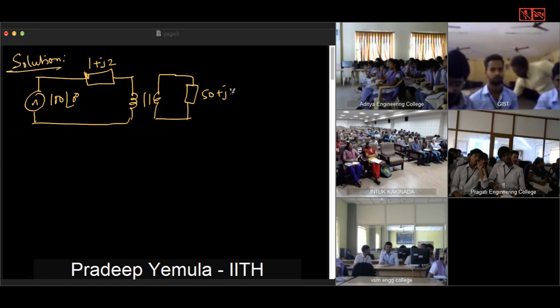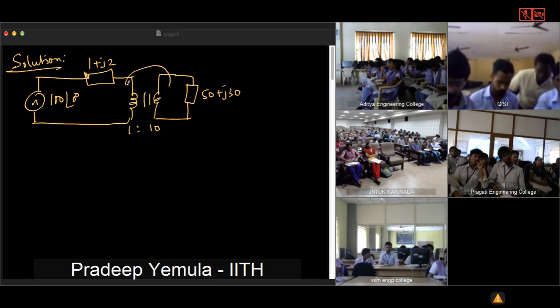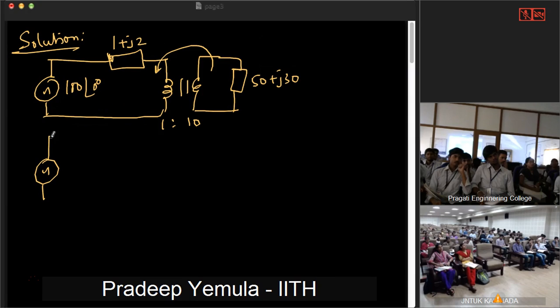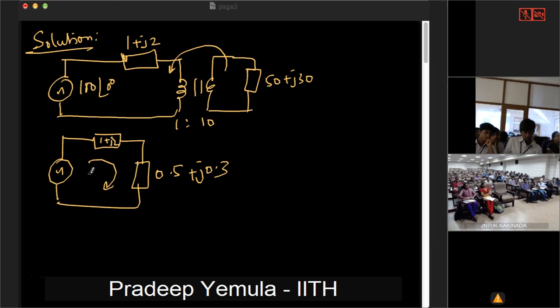Fifty plus J30. Okay, so now this one you transform. This is 1:10. You transform to this side. You get 1 plus J2, and then this one will be 0.5 plus J0.3, and then you get like this. So then what is the current?